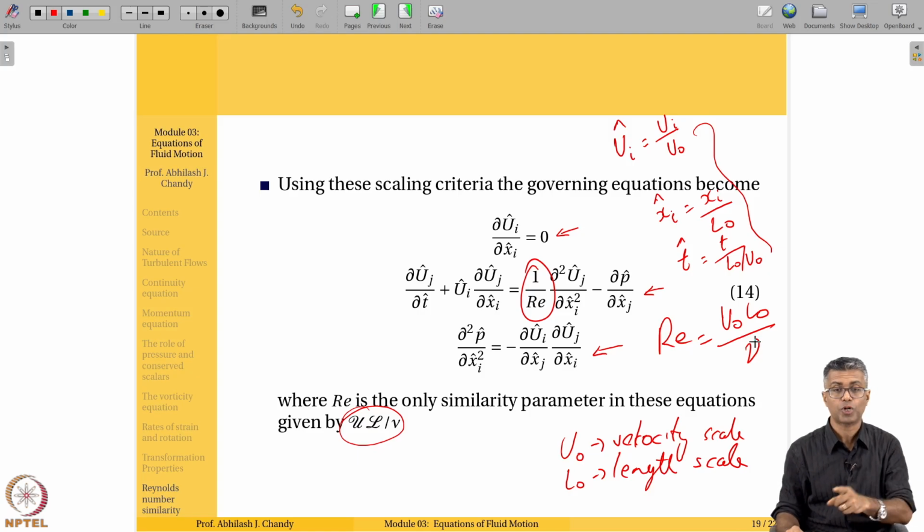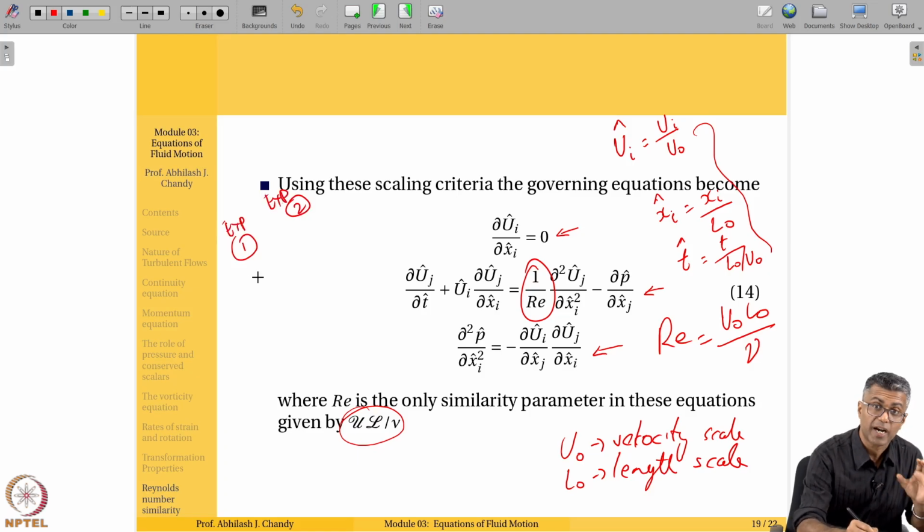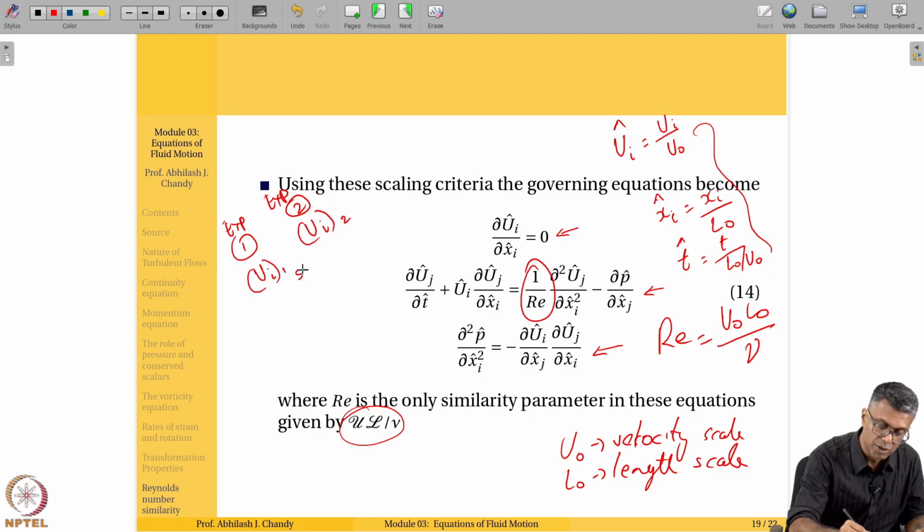So if I take experiment 1 and experiment 2, if they are unscaled variables, u_i1 and u_i2, these will be similar.